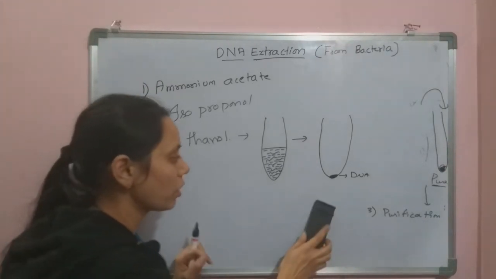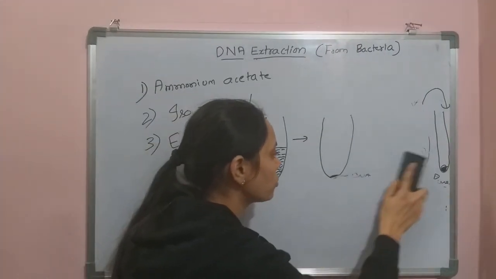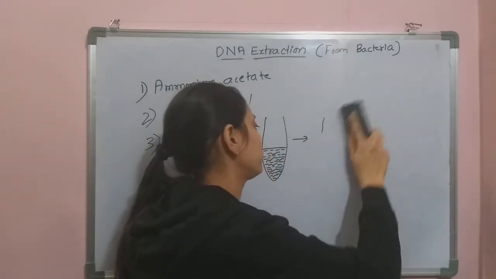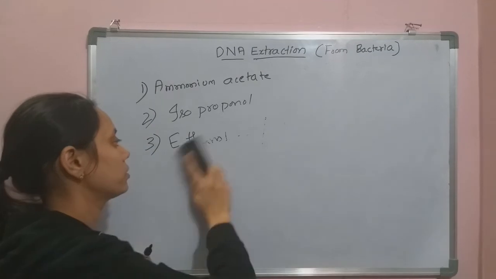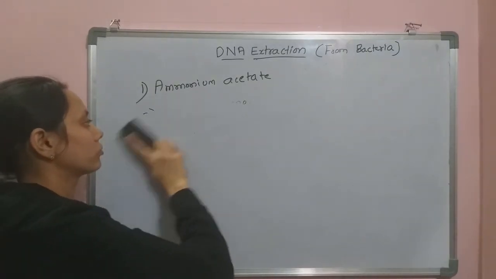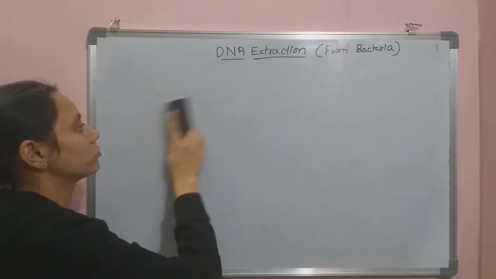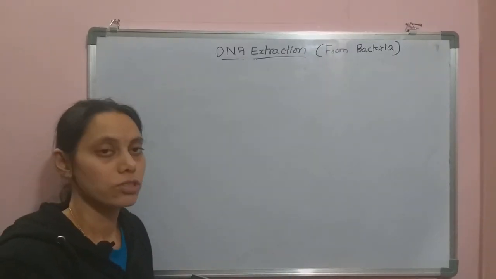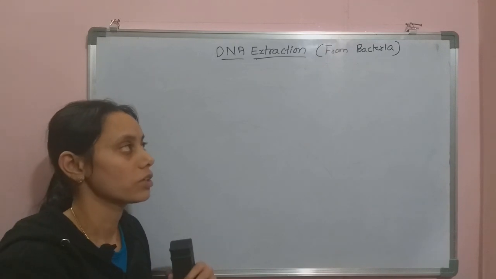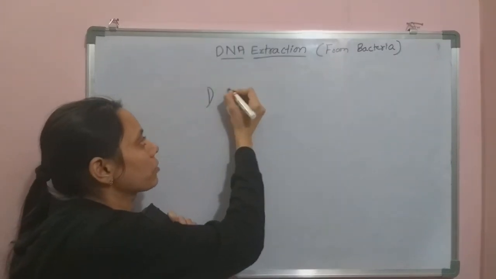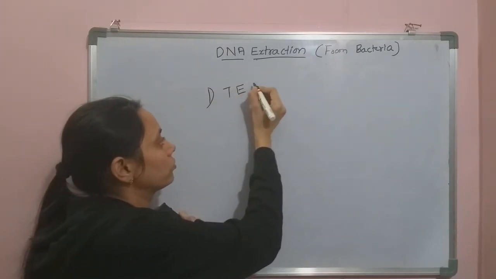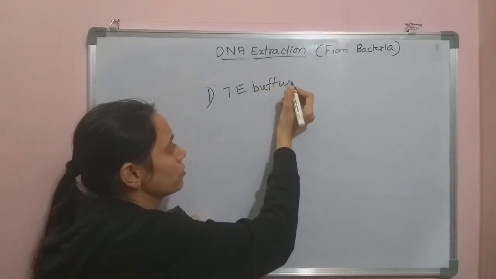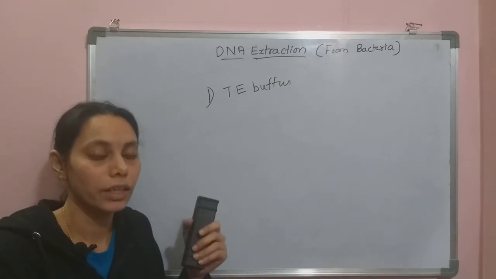The last and final thing we need to learn here is how to store the DNA. For long-term storage of the DNA, generally we use TE buffer. This is Tris and EDTA buffer.